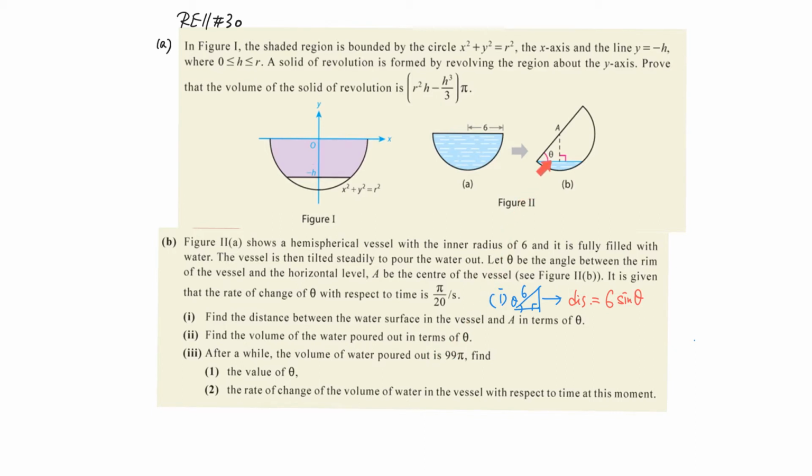Okay, part 2. Volume of the water pulled out in terms of theta. That means we need to find this empty space, right? So how to do this? Just imagine that we fix the point A, and then we rotate this vessel to the original position like this.